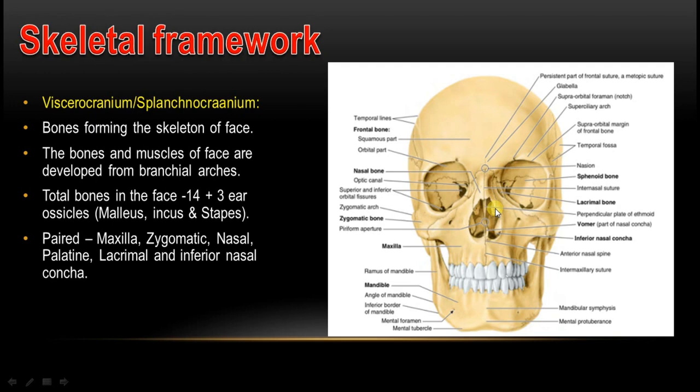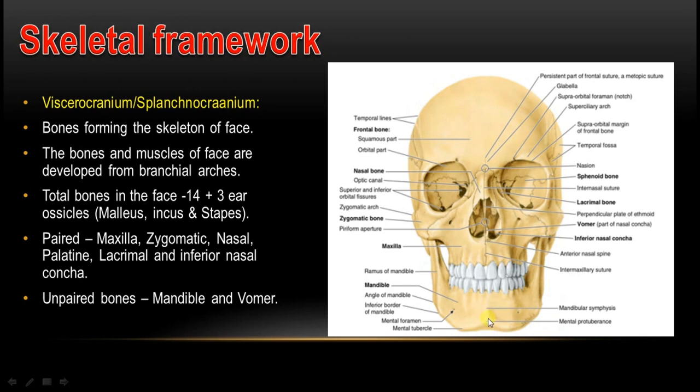Superior is not seen here, middle you can see, and inferior. Superior and middle are parts of the ethmoid bone, whereas the inferior nasal concha is an individual bone. Now, unpaired bones, mainly your mandible. It's a single bone, but developmentally two halves are fused in the midline.